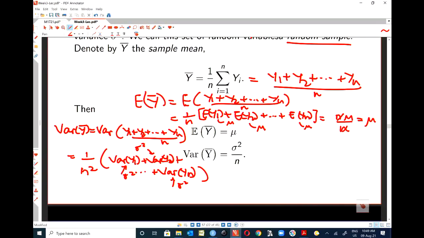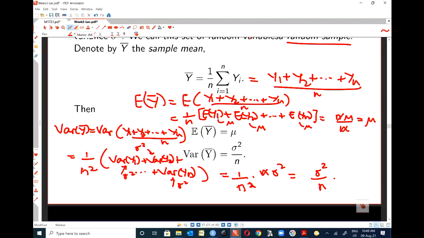So I'm adding the sigma squared n times. I've got 1 over n squared to start off with here, and I've got these variances, n times sigma squared. One pair of n's will cancel off, and I get sigma squared upon n. That means that the variance of my sample mean depends on the sample size. As my sample size increases, this will decrease.